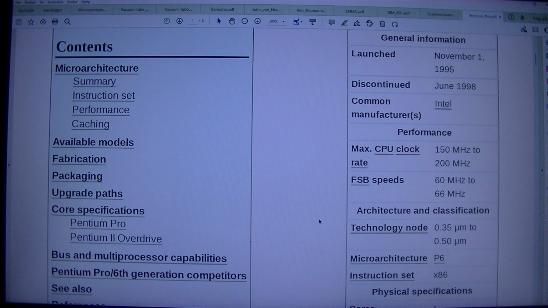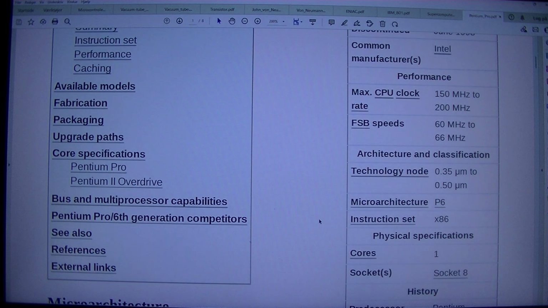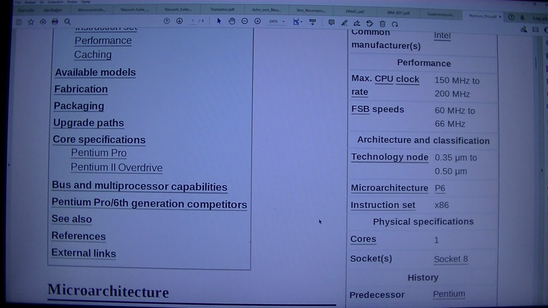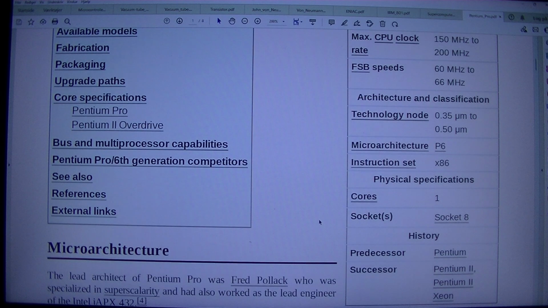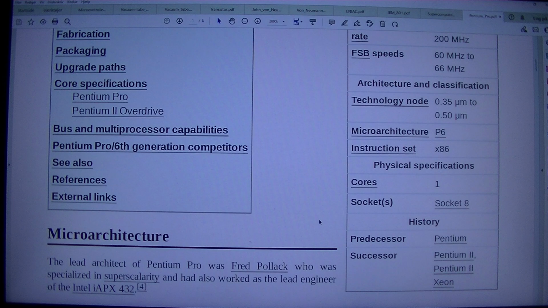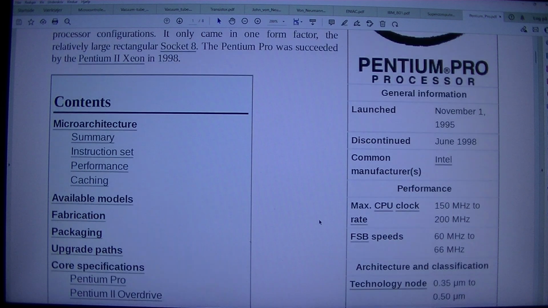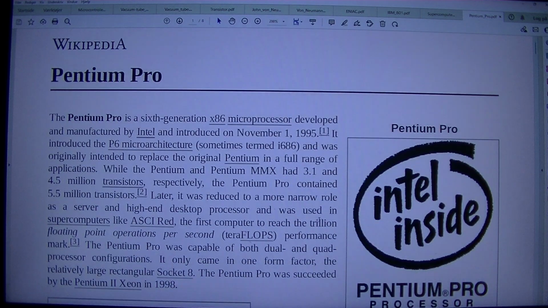Architecture and classification: technology node 0.35 to 0.50 micron, microarchitecture P6, instruction set x86. Physical specifications: cores 1, socket Socket 8. History: predecessor Pentium, successor Pentium II, Pentium II Xeon.